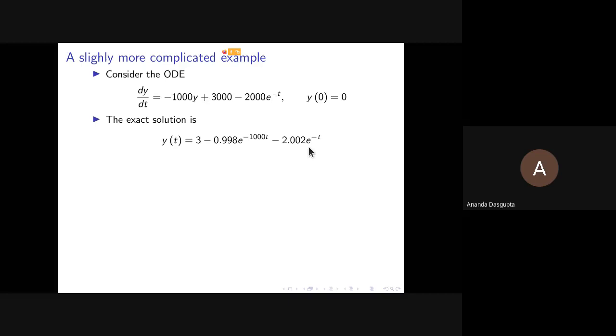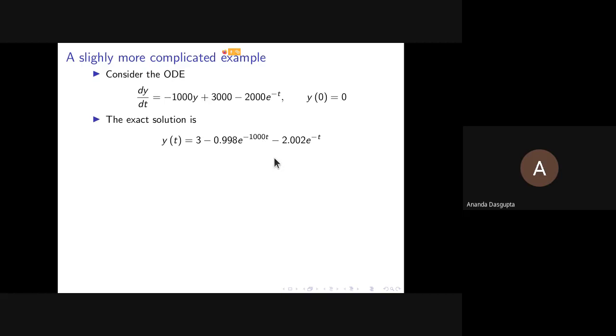Now, for very small times, you could say that this term is so rapidly decreasing that you can ignore it, right? e to the minus 1000t, of course, decreases much more rapidly than e to the minus t.